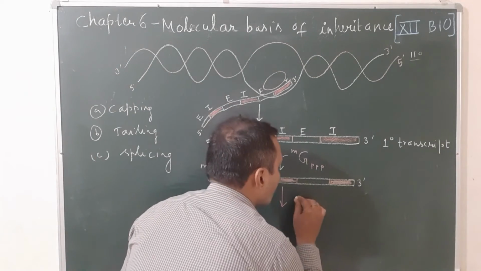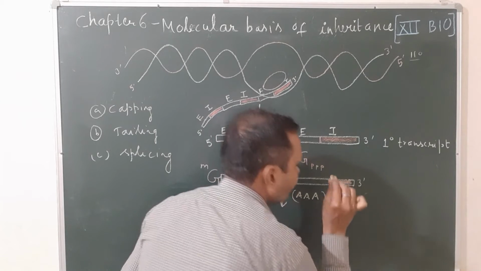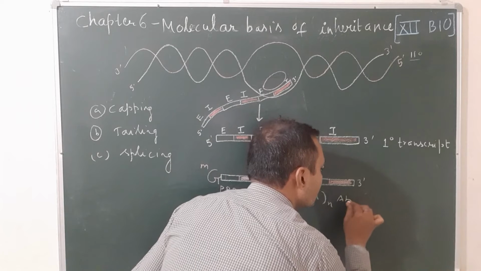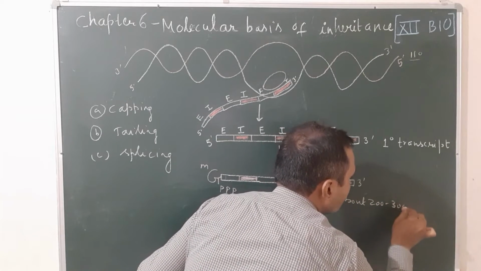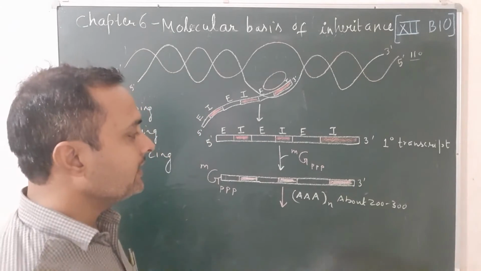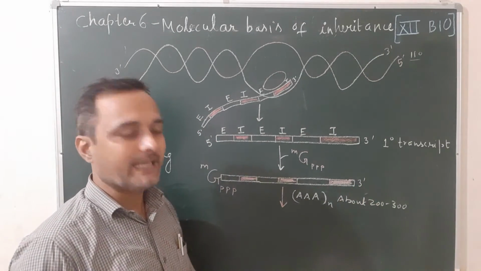This chain of about 200 to 300 adenylate residues added to the 3' end is known as tailing.